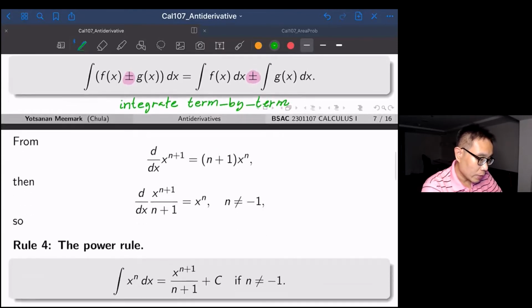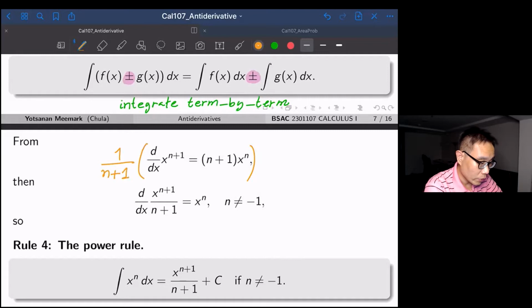The next one, we know that if you differentiate x to the n plus 1, okay, I'm going to box this, you get n plus 1 times x to the n. So we do this one first, and I'm going to divide the whole thing by n plus 1.